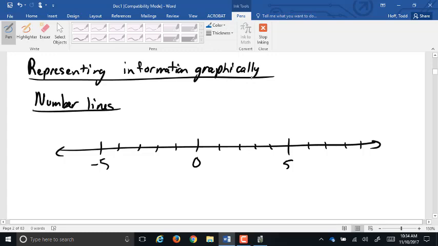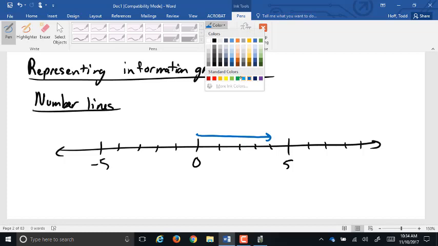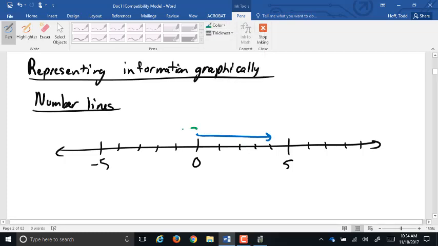We talked about vectors for adding negative numbers, like 4 is just an arrow that starts at 0 and goes to 4. That's the vector for 4. Or we might have -3 starts at 0 and goes to -3. That's the representation of -3.